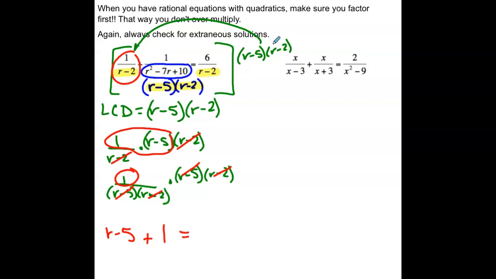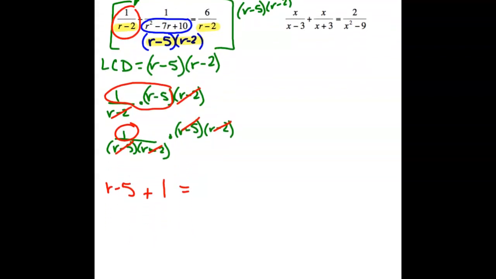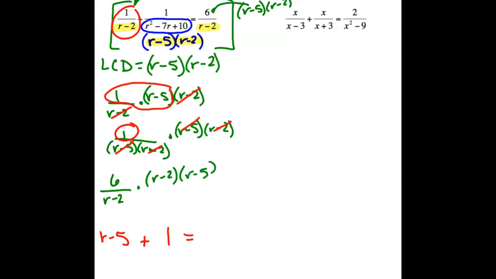On the other side of the equation, we have a 6 divided by r minus 2. And we're multiplying it by an r minus 2 and an r minus 5. Okay, distributing that in.